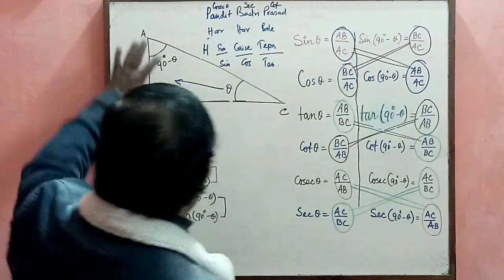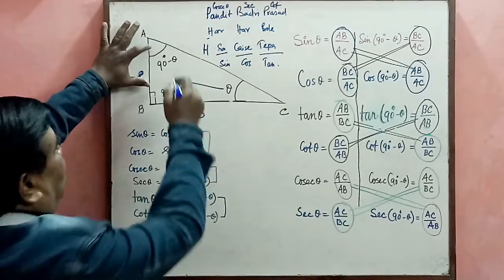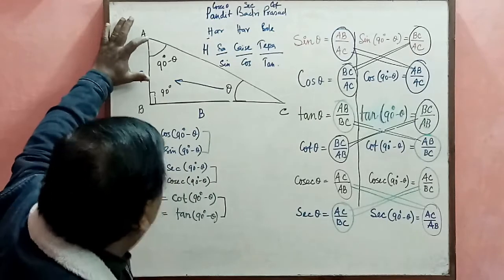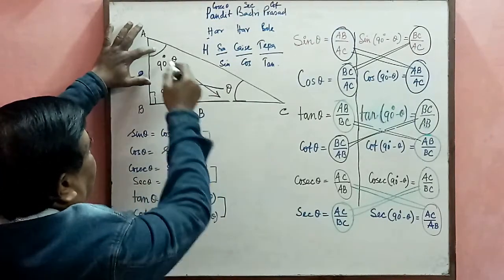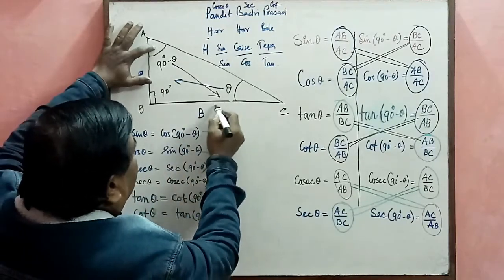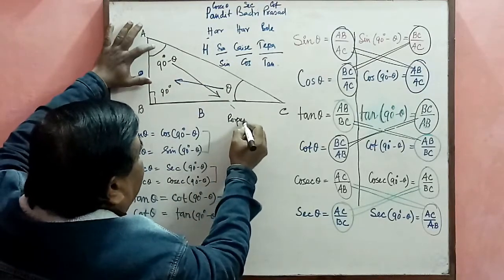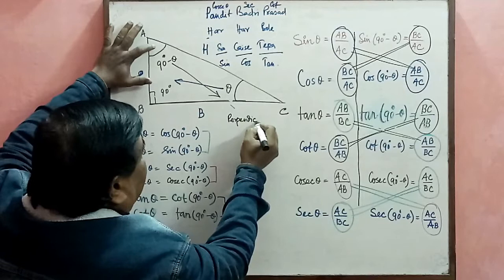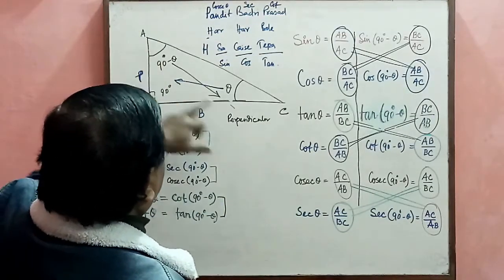Now, if I consider this angle, which is 90 degree minus theta, the side opposite to this 90 degree minus theta, that means BC, will be the perpendicular, because the side opposite to the angle that we are considering is always perpendicular.